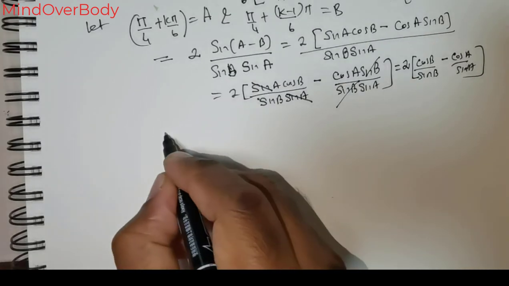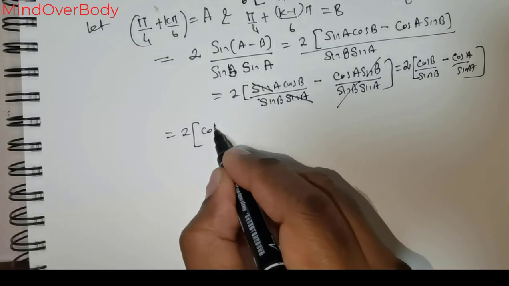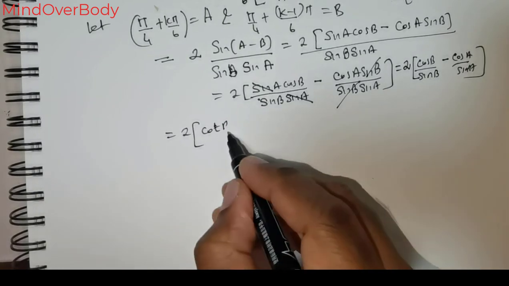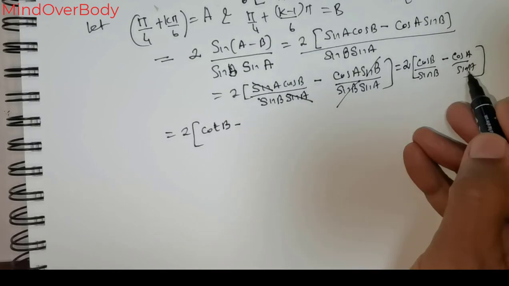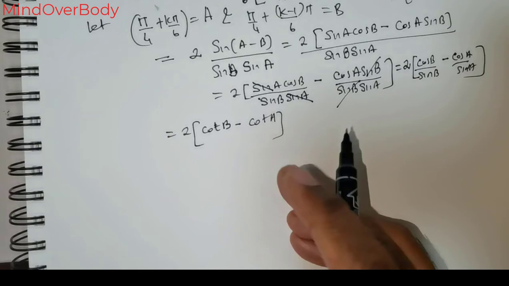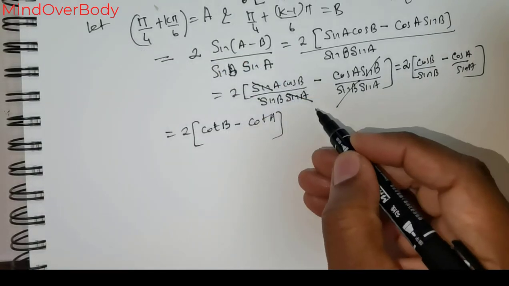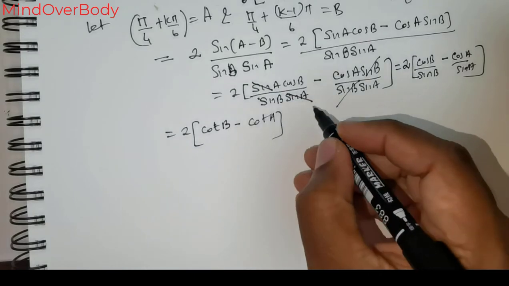So this is rewritten as 2 times cos B over sine B, which is cot B, minus cos A over sine A, which is cot A. Now it's time to revert the angles back. In place of A, I substitute pi over 4 plus k pi over 6.